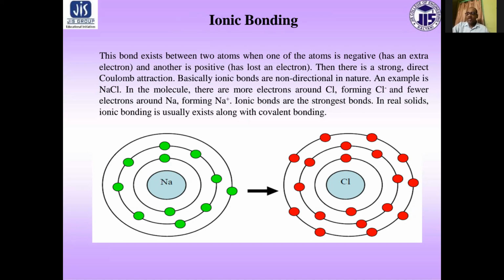So by transferring one electron from the sodium atom to the chlorine atom, the sodium atom becomes positive and the chlorine atom negative. And now these two differently charged ions, positive sodium and negative chlorine, make a strong ionic bond together, thus giving a stable structure of NaCl.